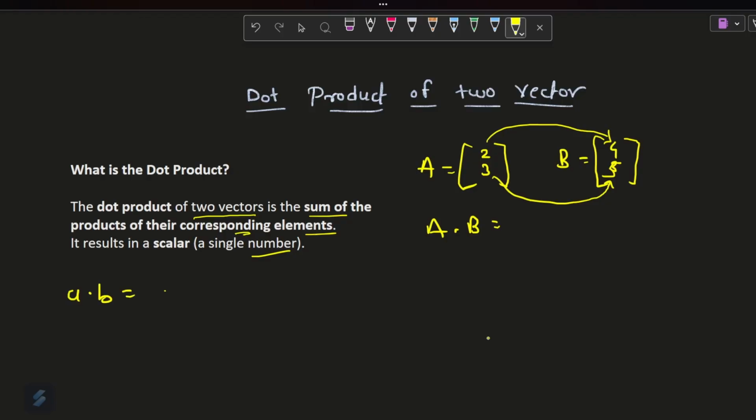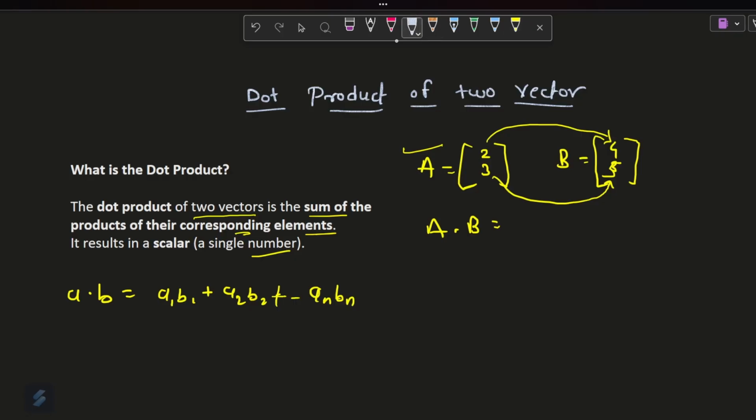When we calculate a1 b1 plus a2 b2 till an bn, where n is the number of elements, we multiply the corresponding elements and sum them, right? So in that case, vector A is 2 and 3, and vector B is 5 and 4.